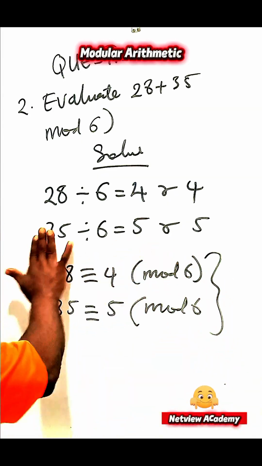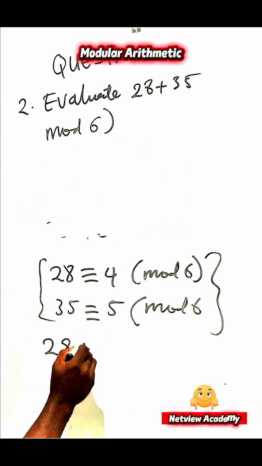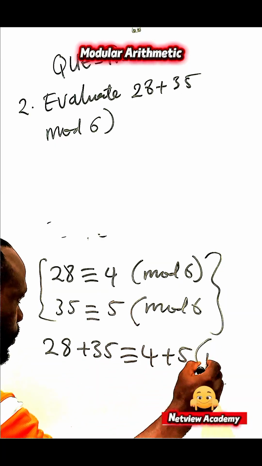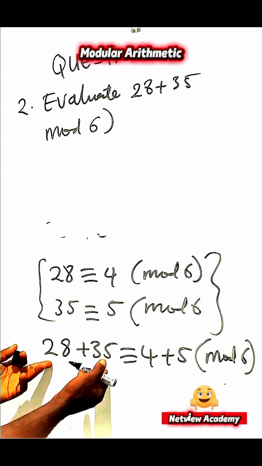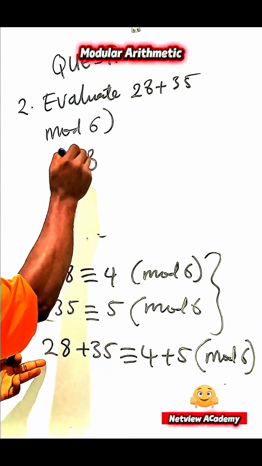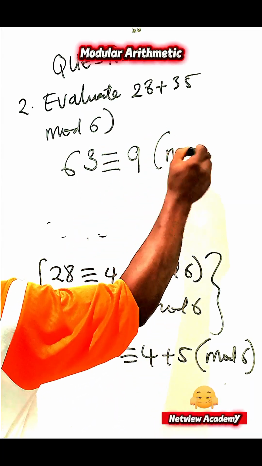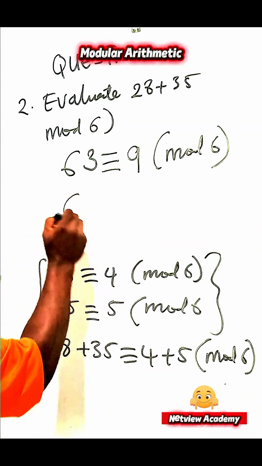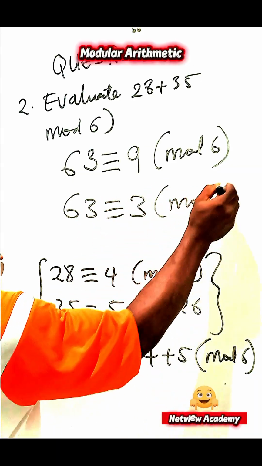So when we add these two values, it becomes 28 plus 35 is congruent to 4 plus 5 mod 6. So this is the same thing as 63 is congruent to 9 mod 6. We can simplify this to 63 is congruent to 3 mod 6.